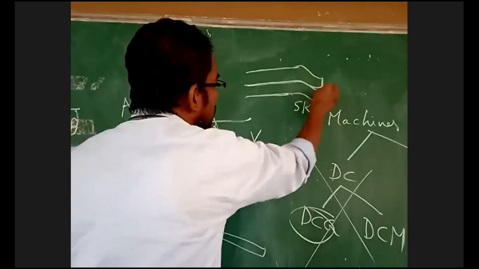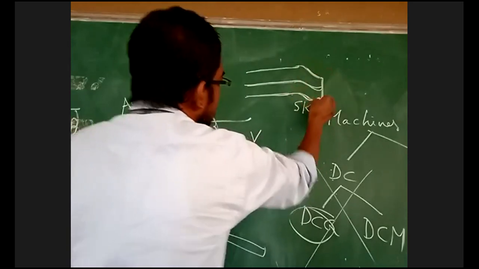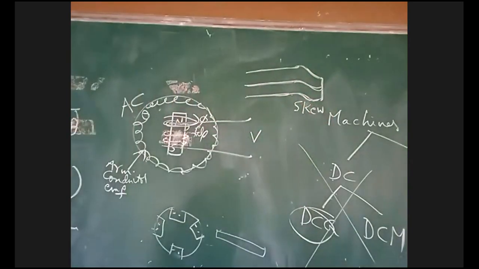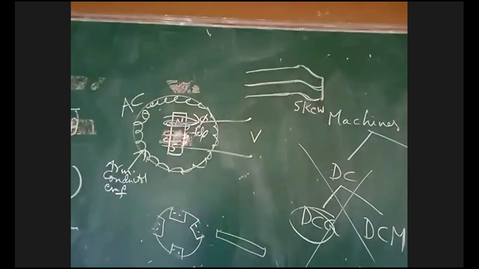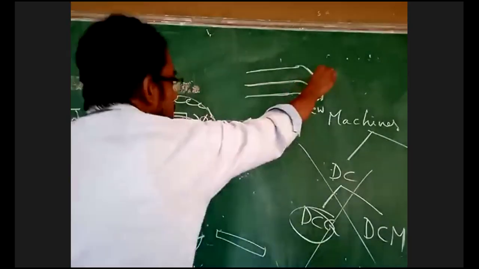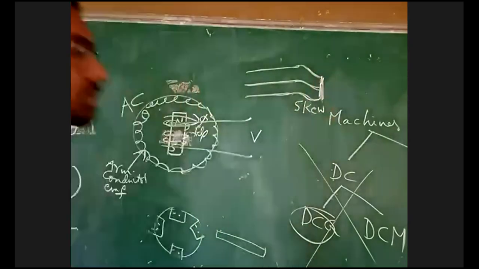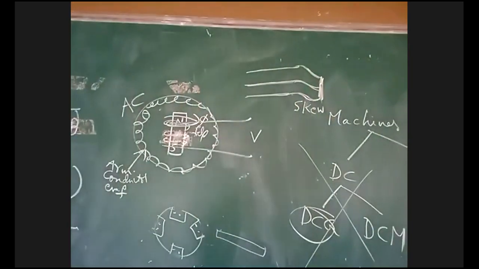See, some skew is given. At the end point, these rotor bars have a slight curve. That curve is called skewing. And these three bars are short circuited. This rotor is short circuited.